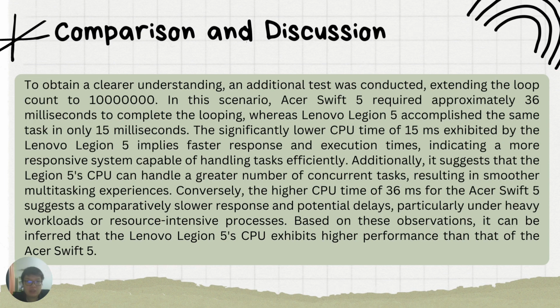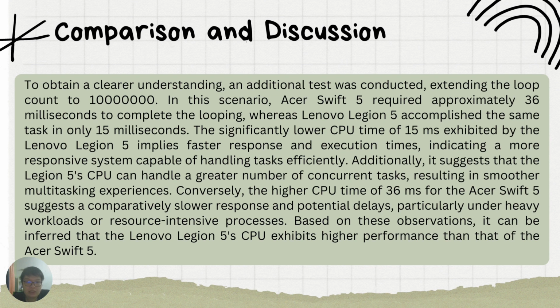So the significantly lower CPU time by the Lenovo Legion 5 implies faster response and execution times, indicating a more responsive system capable of handling tasks efficiently.